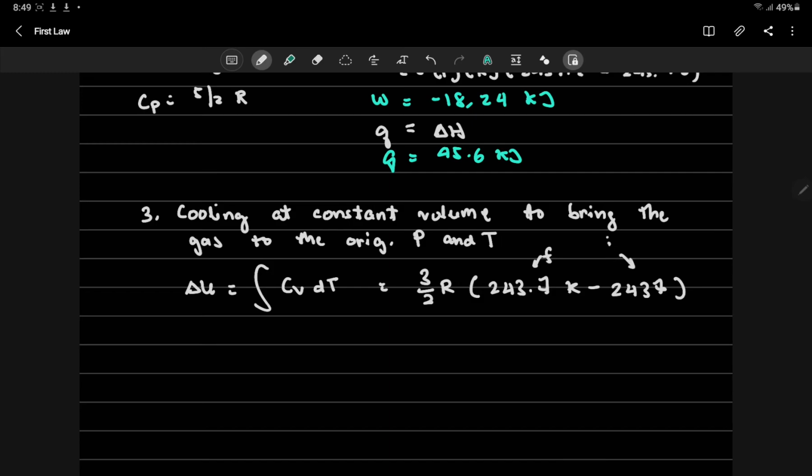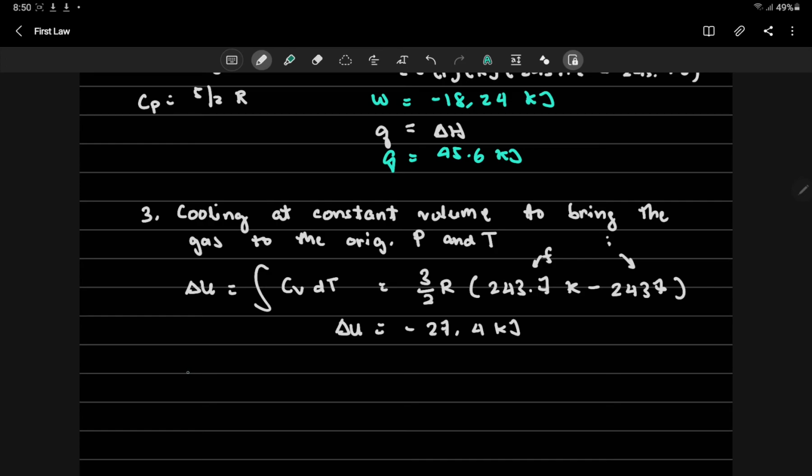So, ang initial dito is a high temperature. And from a higher temperature, you will go to a lower temperature, which is 243.7 Kelvin. Okay, so if you do this, you will be able to calculate delta U as negative, sorry, it should be 27.4 kilojoules.